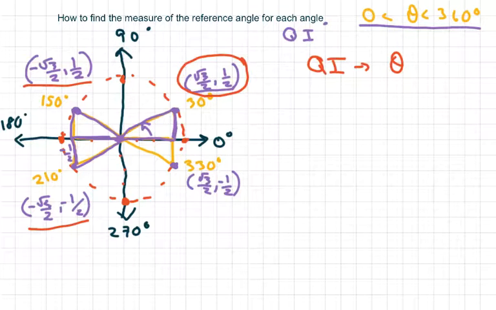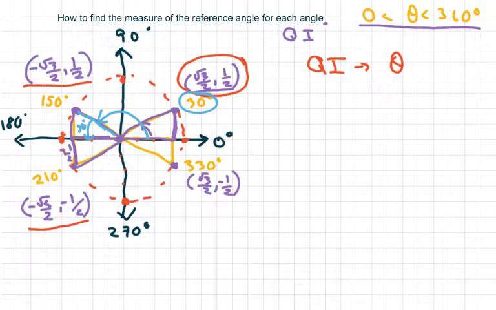Now, if you're in quadrant 2 and you want to find the reference angle, you always draw straight down to the x. So here is the angle, 150 degrees. From a point on this terminal side, you draw down to the x. That would be 30 degrees, and that's our reference angle.